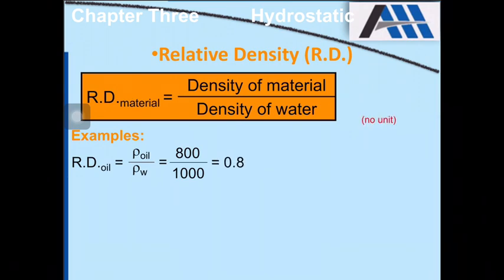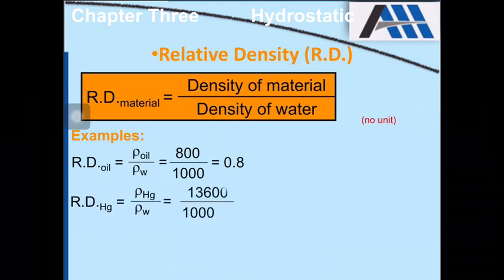It is unitless, because the units simplify between the numerator and the denominator. For mercury, rho Hg over rho water is 13.6.